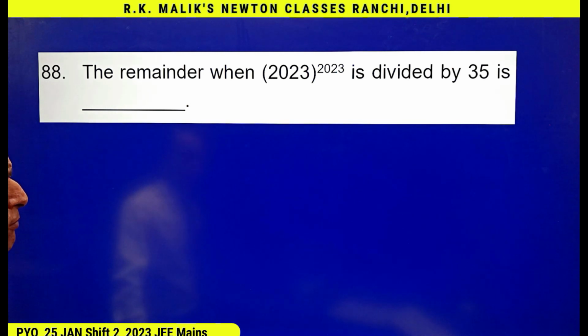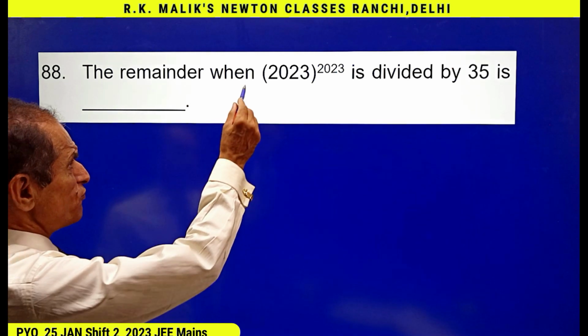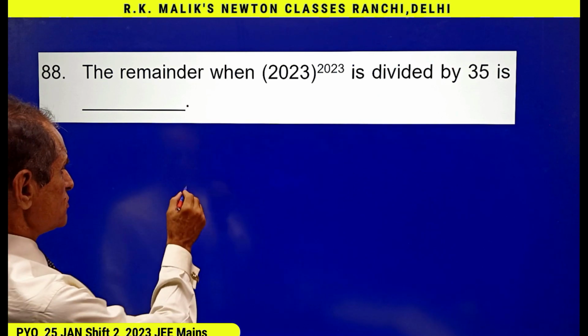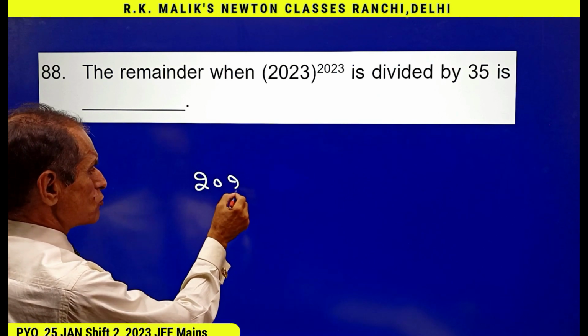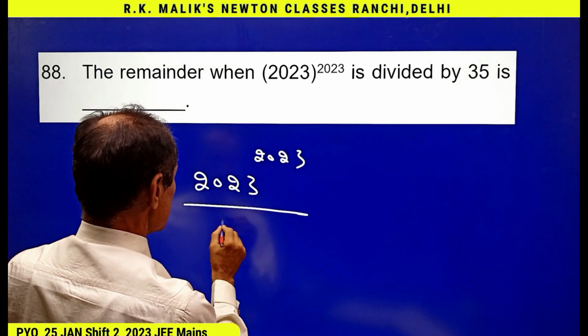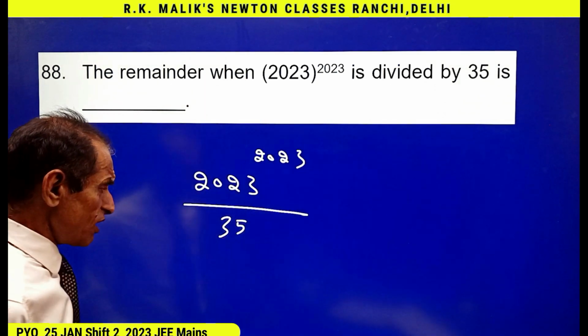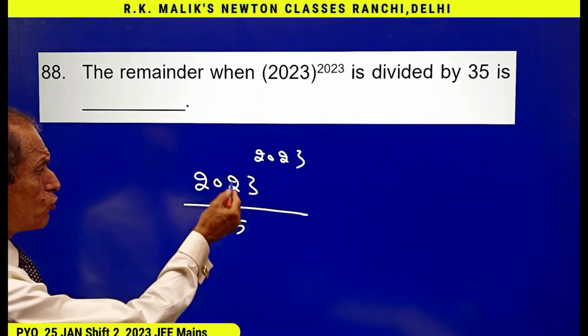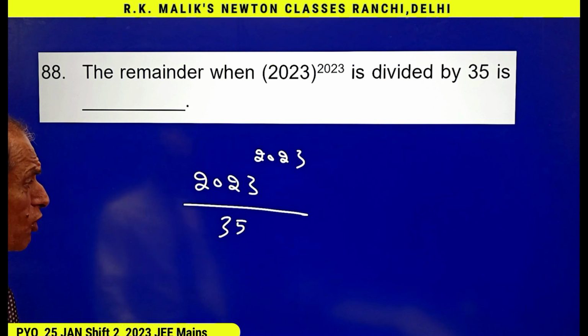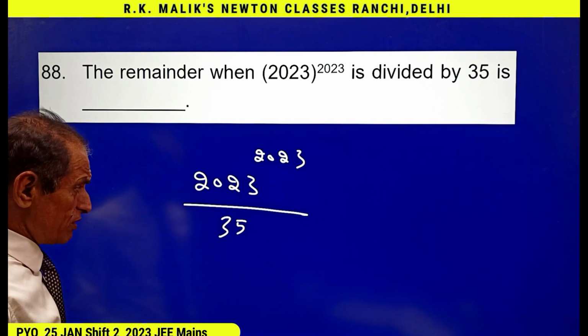And now I am doing this question. The question is when 2023 to the power 2023 is divided by 35, what is the remainder? It's clear that 2023 and 35 are not co-prime. 7 is the common factor because this is divisible by 7.